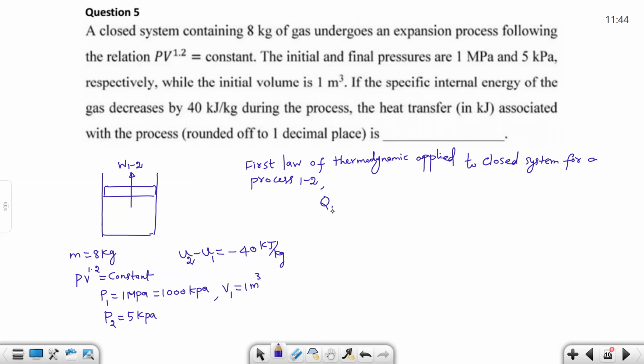Q1 to 2 is equal to W1 to 2 plus the change in internal energy. So we need W1 to 2, which is the integral of P dV from 1 to 2.